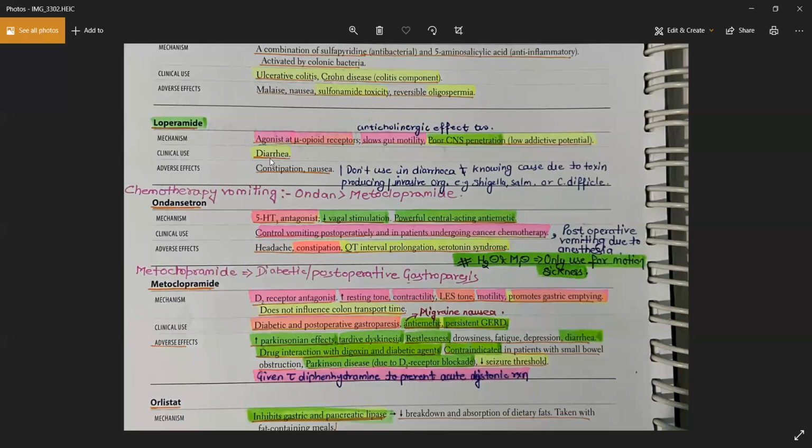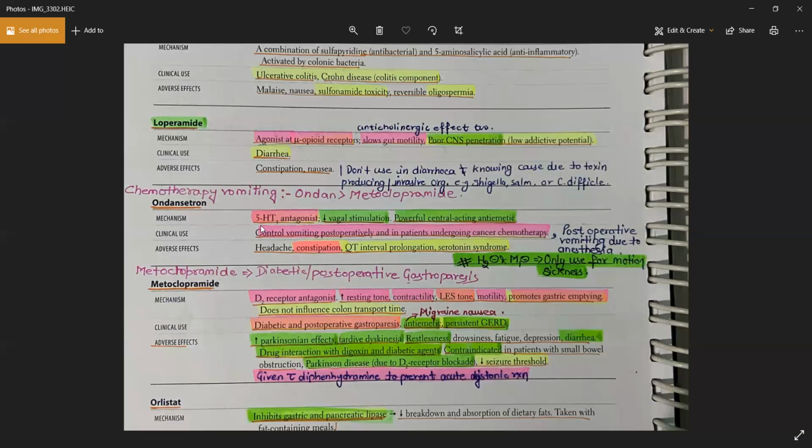You always need to make sure that the patient is having some kind of malabsorptive diarrhea, or diarrhea because of high electrolytes, or any structural cause like lactose intolerance sometimes, or irritable bowel syndrome. Only in these kinds of diarrheas can you give loperamide, not in infectious or toxin-induced diarrhea, because in that case you need the toxins to be eliminated from the body. Any doubt?